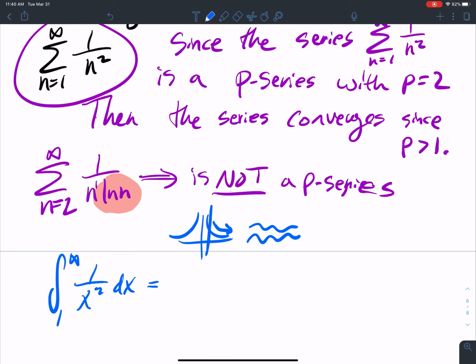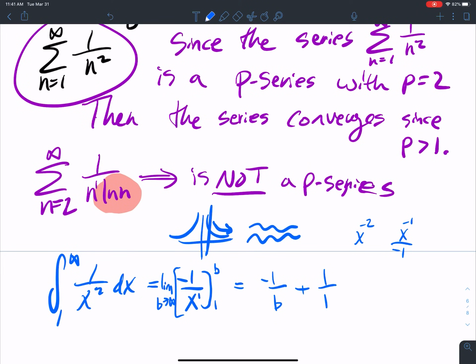But when I integrate this, I'm going to get, let's see, x to the negative 2, add 1 to that's negative 1, divide by it. So I get negative 1 over x to the 1, limit as b goes to infinity of 1 to b. So this gets me what? This gets me negative 1 over b plus 1 over 1.